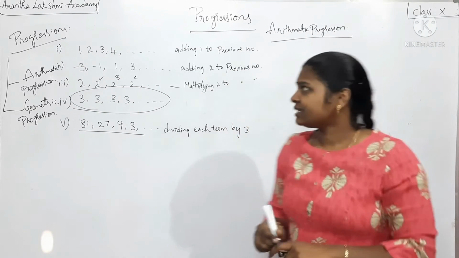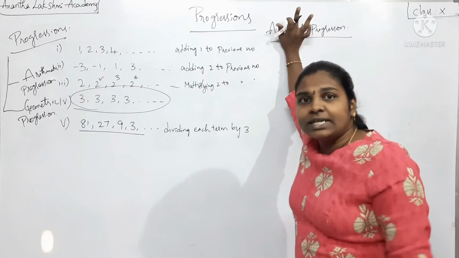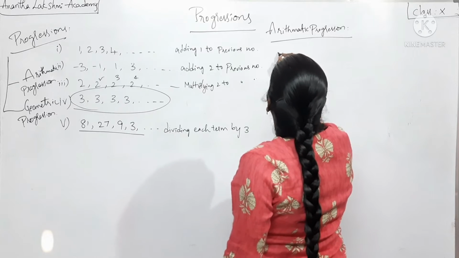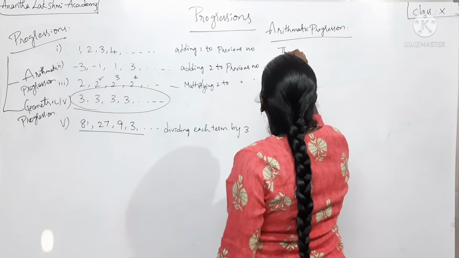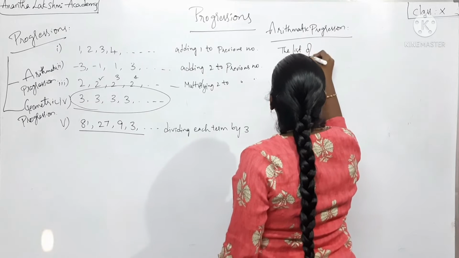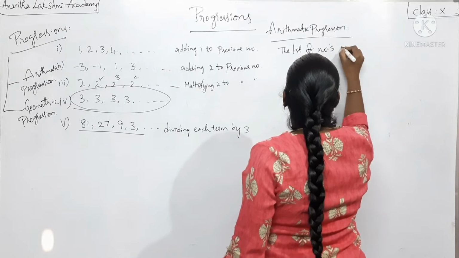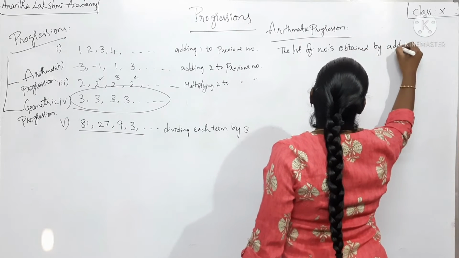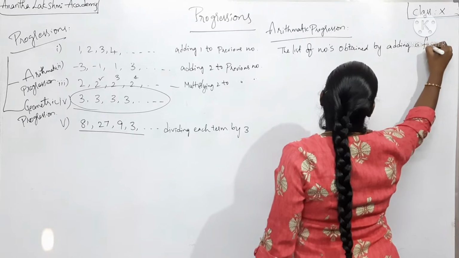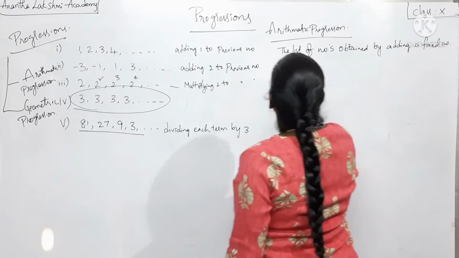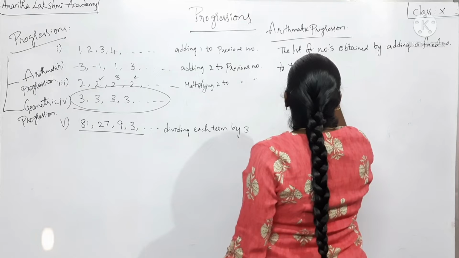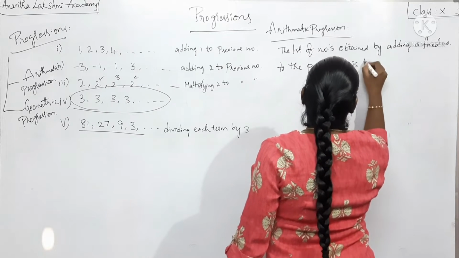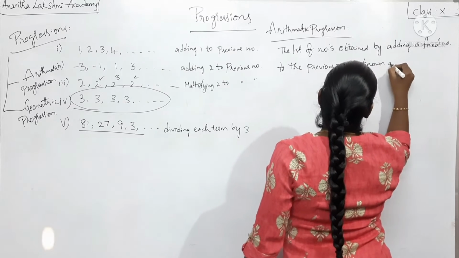All right, so we are going to deal with the definition of arithmetic progression. So what is an arithmetic progression? This is nothing but the list of numbers obtained by adding a fixed number to the previous number is known as what?